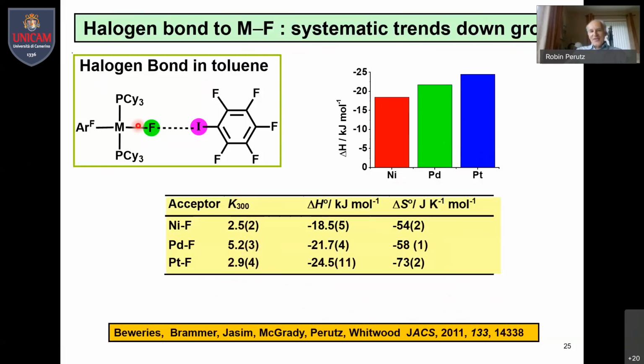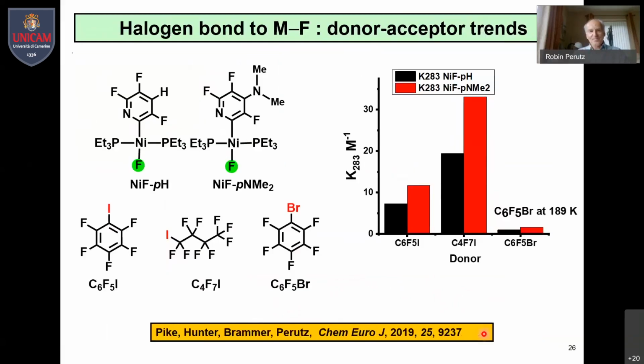So these interactions are not so strong in terms of equilibrium constant. And this is partly thanks to the very big unfavorable entropy contribution. Nevertheless, we can see the same sort of chemical shift changes in the NMR spectra.